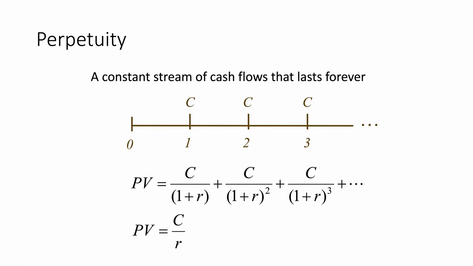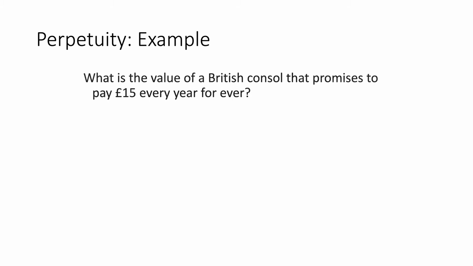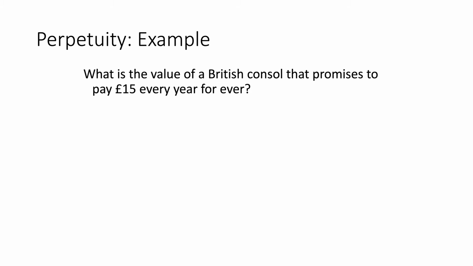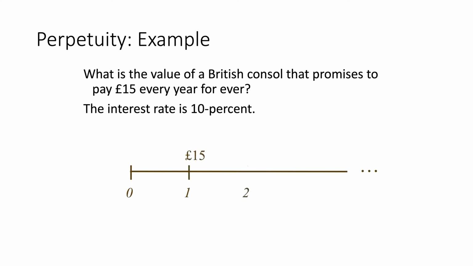Now let's look at a perpetuity example. What is the value of a British Consol that promised to pay you £15 each year forever? It goes forever, so we're using the mathematical formula. Your timeline will be 15 pounds, 15 pounds, going forever.